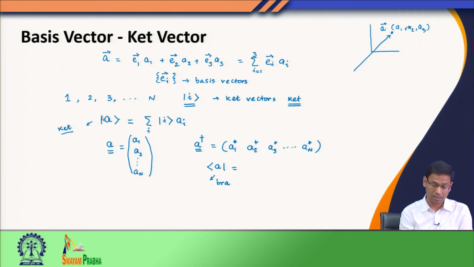Please note the sign. So, you have a vertical line on the left and the angle on the right for the ket, and here the angle on the left and the vertical line on the right, and we are defining this as the bra. And how can we express this?